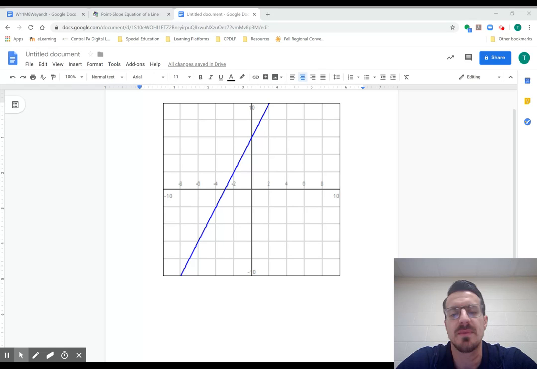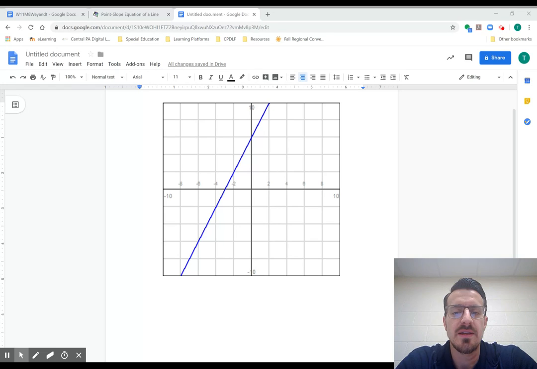So we'll look at this and we can say it's going over 2 and up 1, 2, 3, 4, 5, which it looks like it is 10. I apologize, I was not paying attention to that. So this one would probably be 6. So it's going up 2, 4, 6. So we got 2 coordinates, 2, 10 and 0, 6.